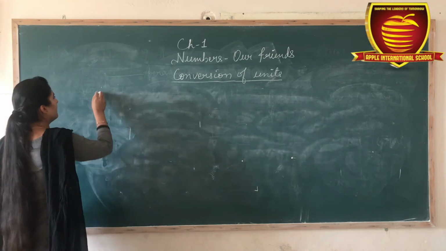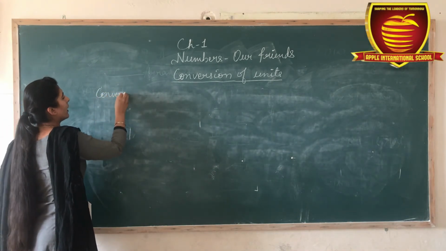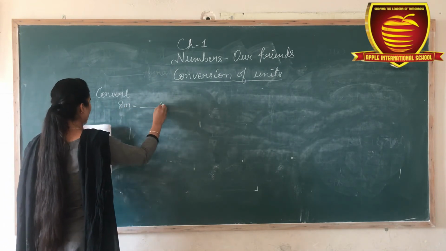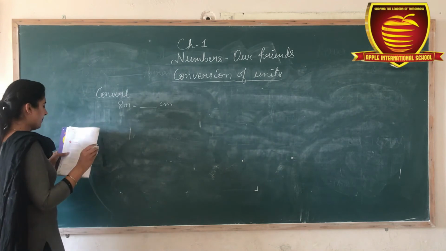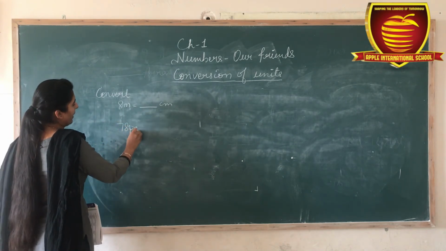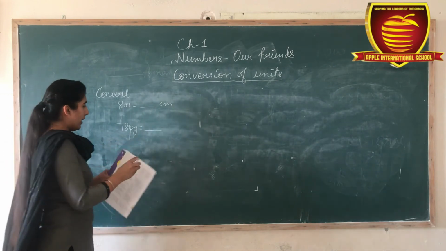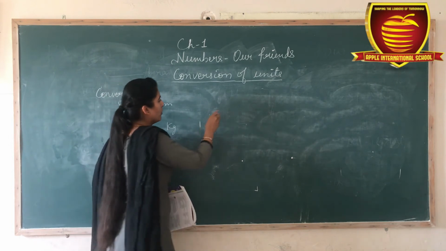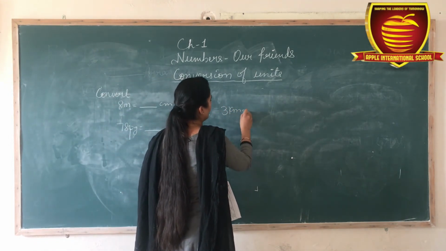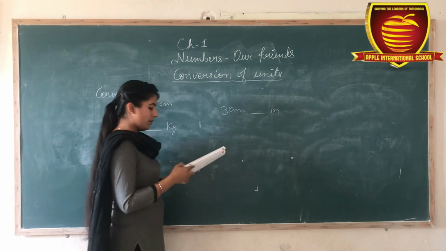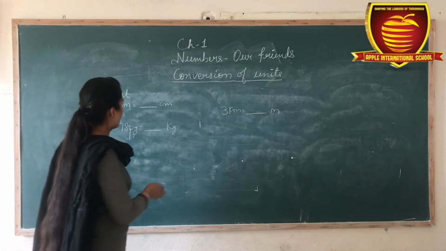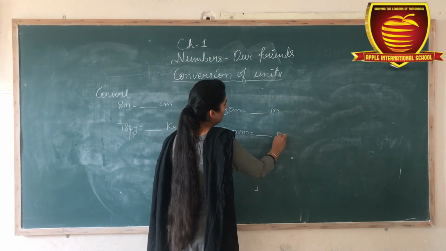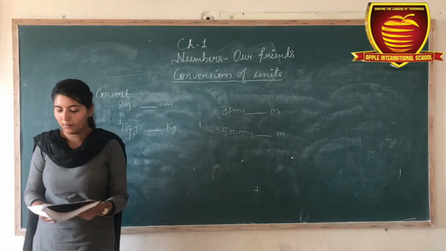For example, convert 8 meter into centimeter, 780 grams into kg, 3 kilometer equals dash meter, 500 centimeter is equal to dash meter.